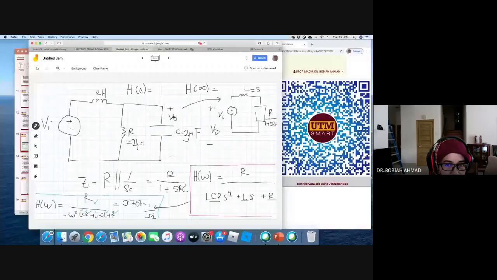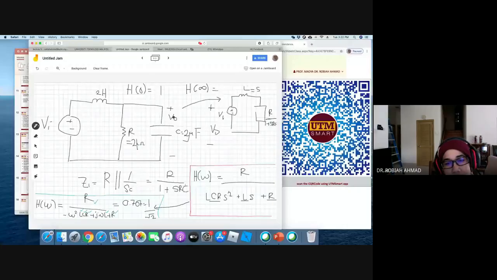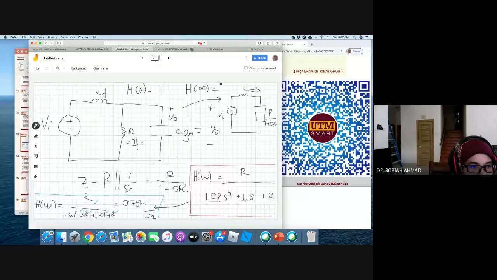Anyone? H0 equal to 1. What about infinity? Zero. Okay, so let me highlight it.